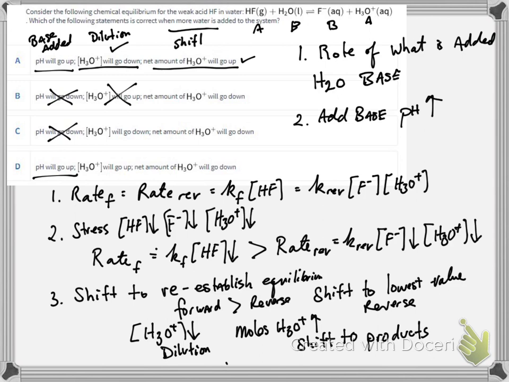And finally, the shift, the net amount of H3O plus will go up, and that comes from our shift analysis. So it's a challenging argument to make. You have to do it step by step, but these are all the steps necessary to pick A. So D would be wrong. So B, C, and D are wrong.